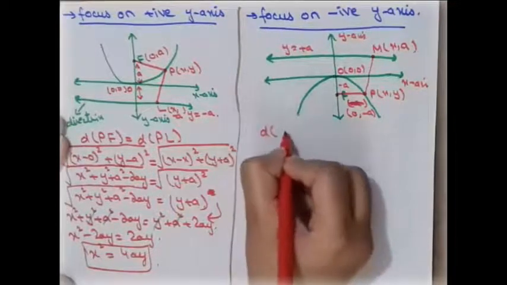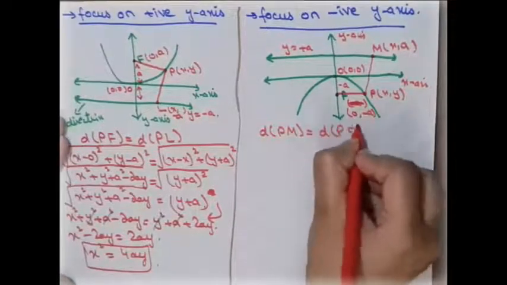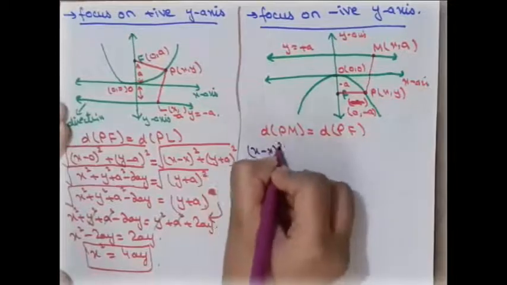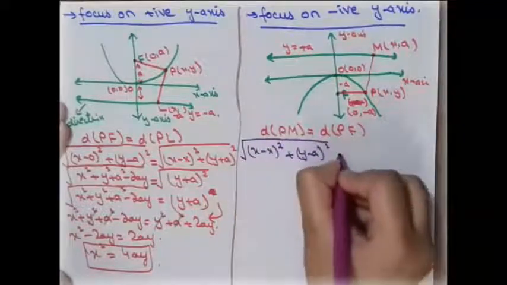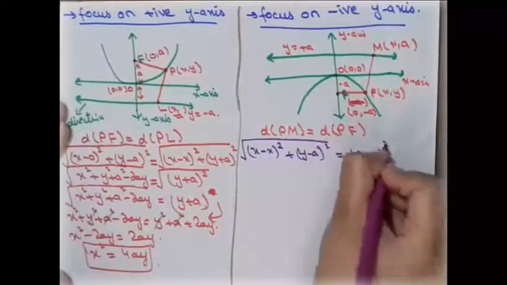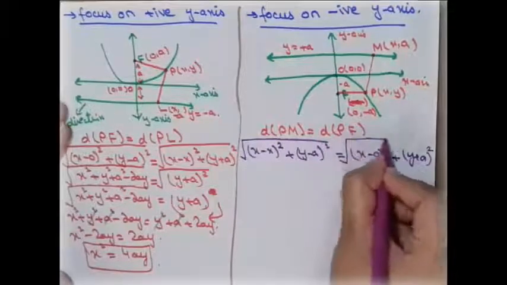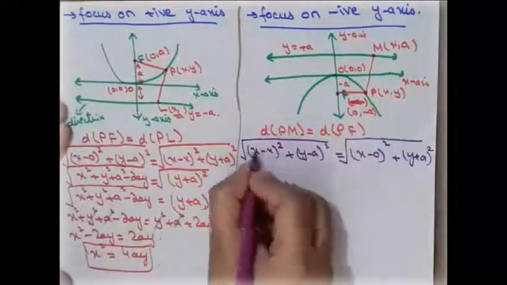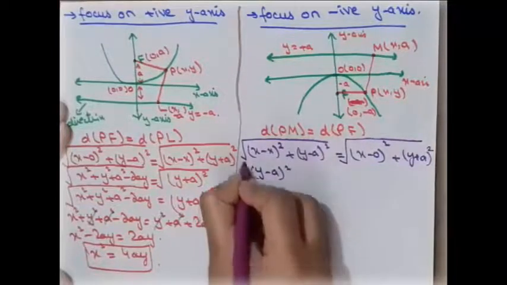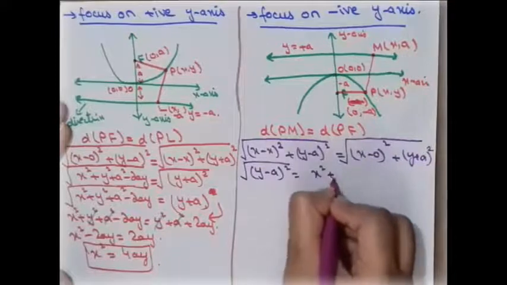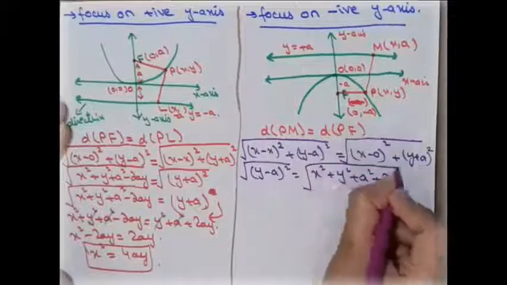Now it is easy to find the equation. The distance PM equals the distance PF. We apply the distance formula: the square root of (y minus a) squared, which equals the square root of (x minus 0) squared plus (y plus a) squared. Now the x minus x term is 0, and we are left with y minus a squared under the root, and x squared plus y squared plus a squared plus 2ay under the radical sign.